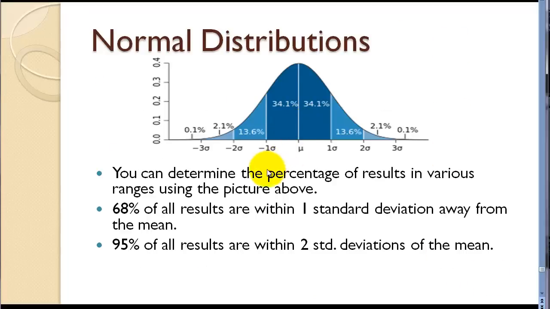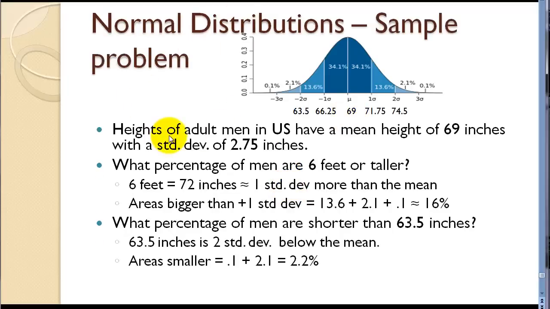So let's say we know that the adult men in the U.S., by sampling or whatever, we've determined that the average or the mean height is 69 inches, and the standard deviation of that population is 2.75 inches. So if we wanted to know what percentage of men in the U.S. are 6 feet or taller, I've laid out here our mean, 69, and then I've added 2.75, added another 2.75.